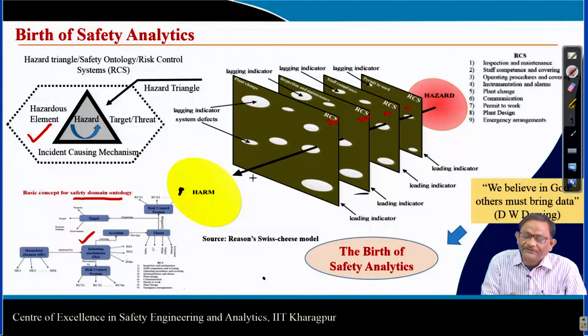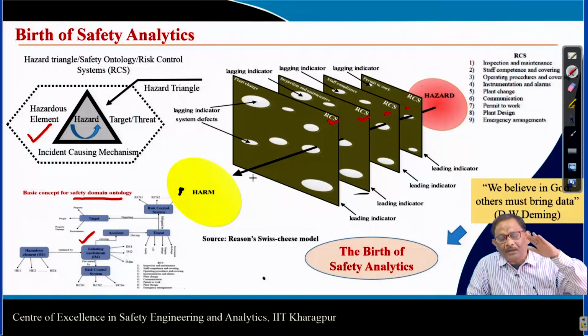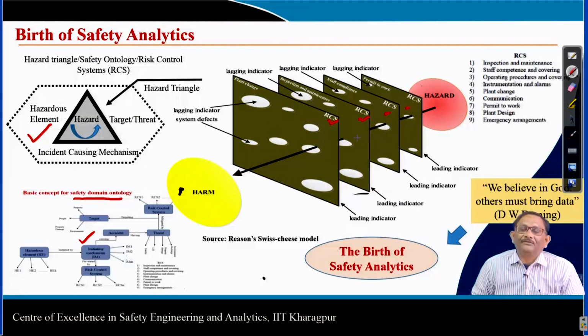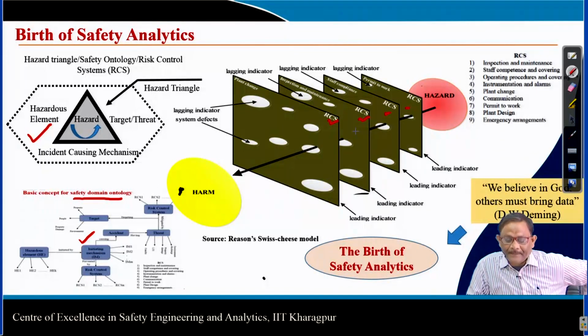So your risk control system should be designed, operated, maintained, evaluated and monitored in such a manner that the incident path will not be possible, or all the lacunas of each of the risk control systems should not get aligned, so that an accident or incident takes place.